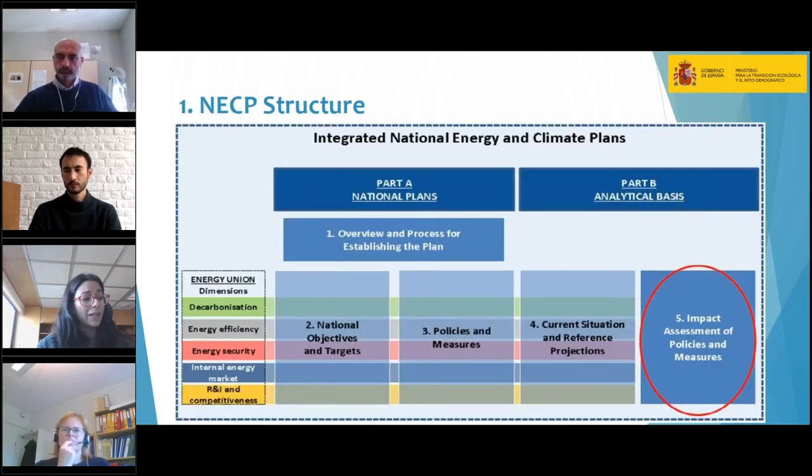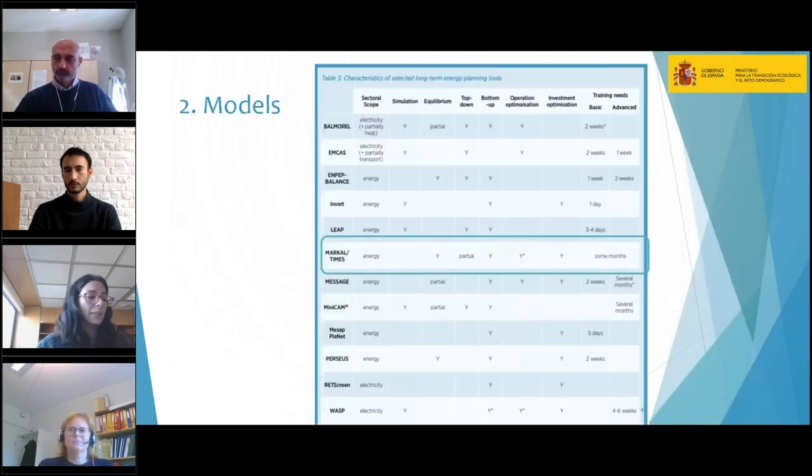I'm not going to go over the structure of the NECP because Clement has explained it before. So I will start to mention the different models that we have.